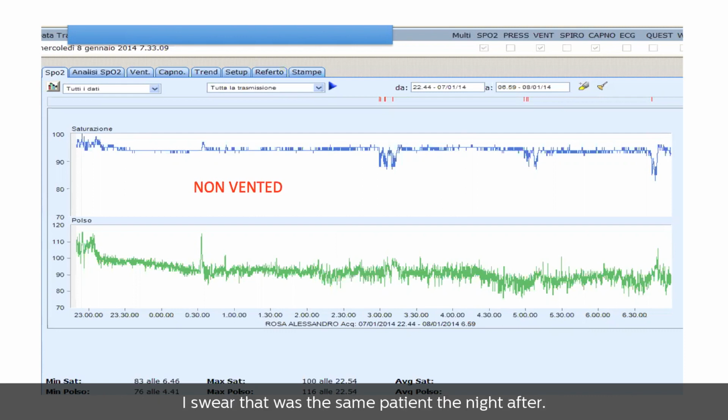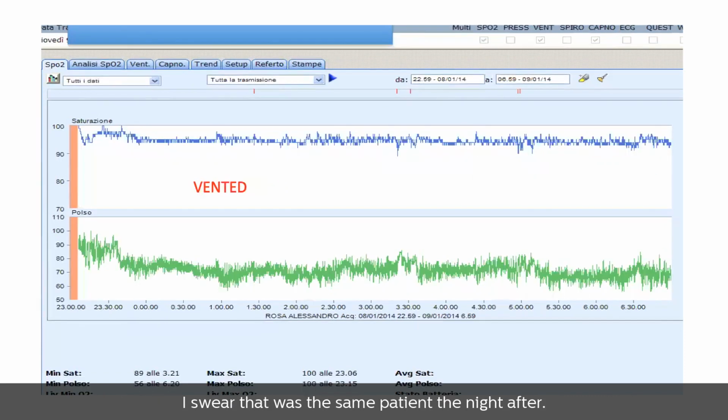I swear it was the same patient the night after. You can see that just changing the configuration from non-vented to vented, we were able to maintain the tidal volume without desaturation. This is obviously working up to the leak capability of the ventilator.